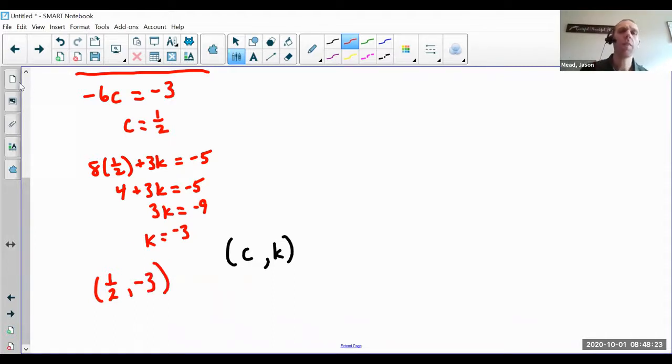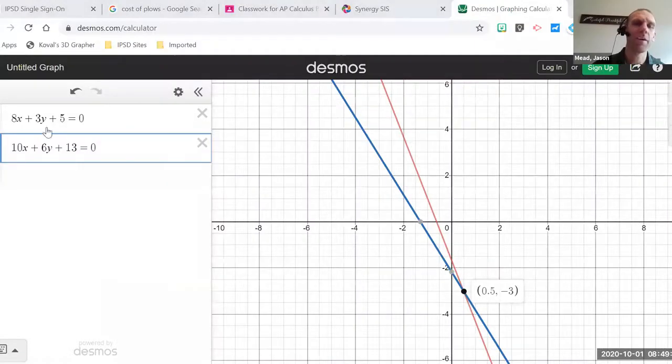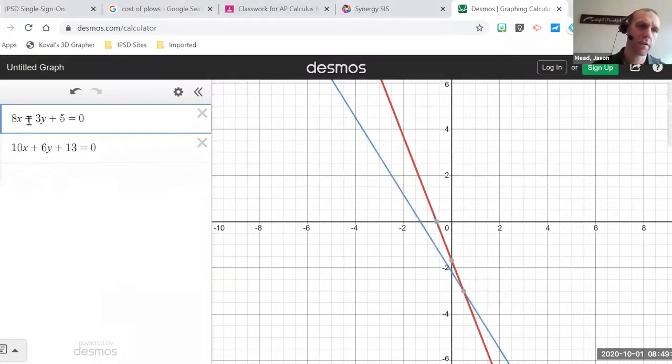Once again, what that actually represents is where those lines intersect. So what I'm going to do really quick is we're going to pretend like c is x and k is y. So I can take these two equations, I'm just pretending that x is c and y is k, just so then I do it alphabetically.